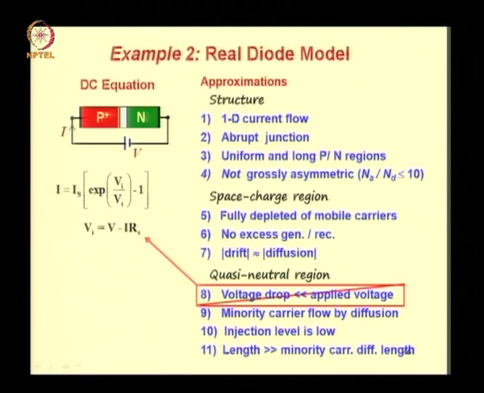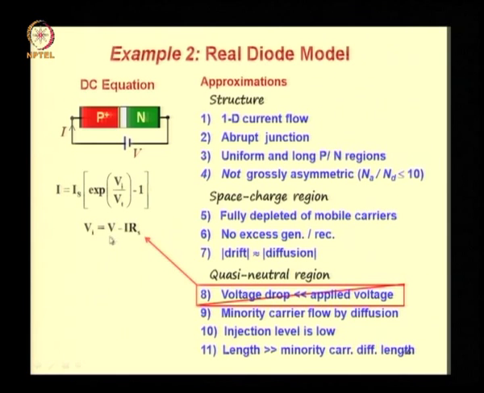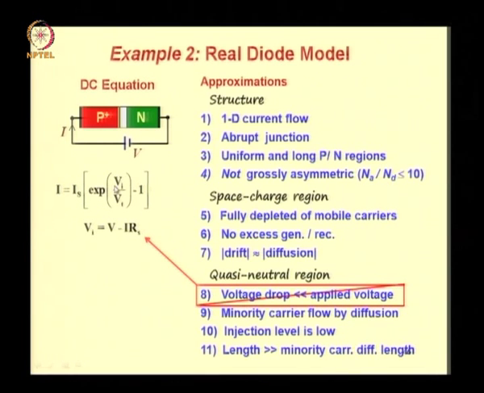For example, if we drop the approximation that there is no voltage drop across the quasi-neutral region, then the modification that happens to the ideal diode equation is as follows. You replace the DC voltage V, which was the DC applied bias, by Vi, which is the internal voltage or the voltage across the space charge region.